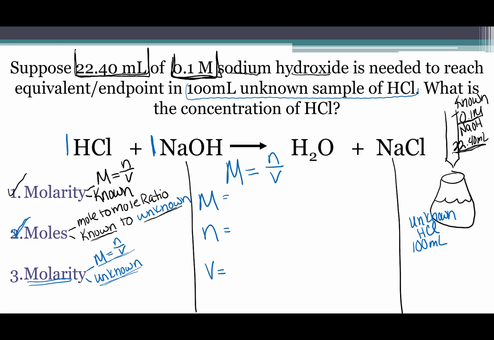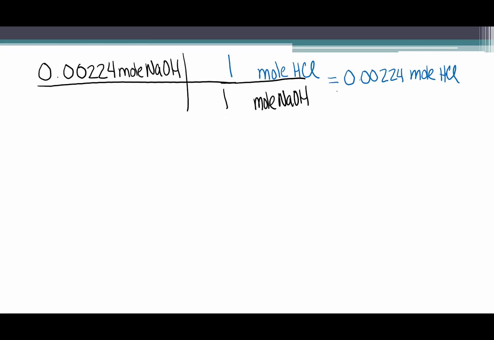Is there any mention about the molarity of our unknown solution? No. That's literally what we're solving for, right? It's saying, what is the concentration? So that is the whole purpose of this exercise, is to solve for the molarity. So we must have the other two pieces. Number of moles. Well, number of moles is not mentioned in the problem, but if we look at step 2, what did we solve for? Yeah, we solved for number of moles.